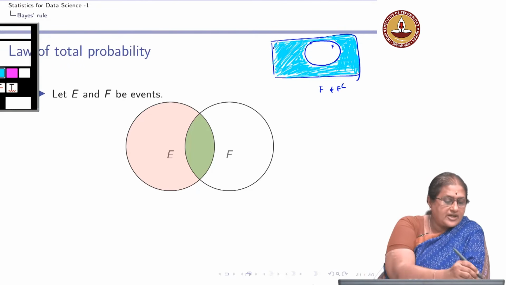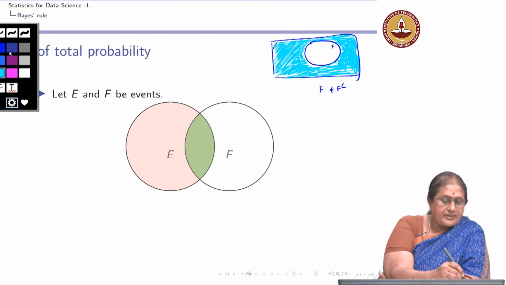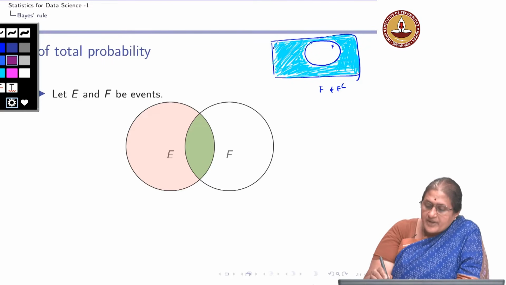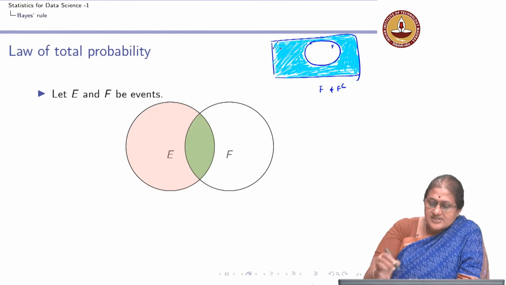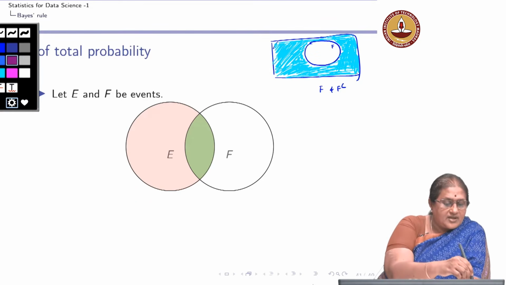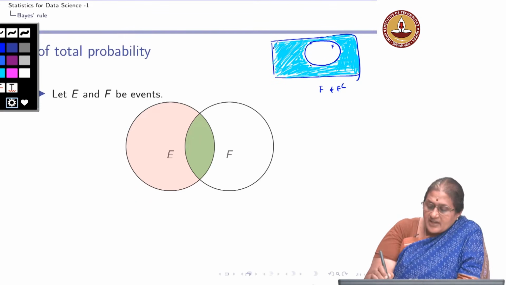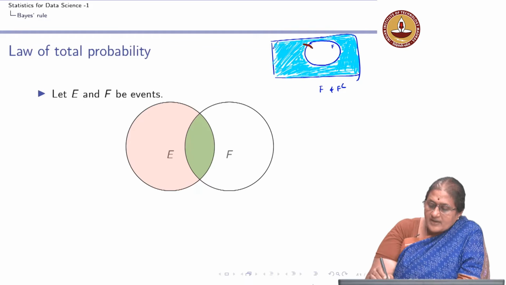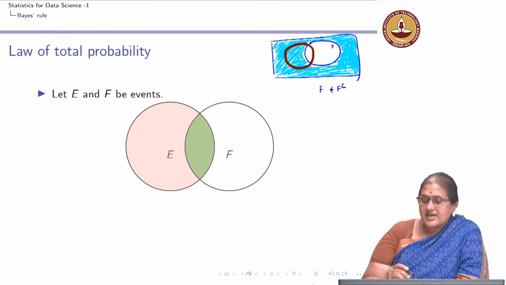Now, let me look at an event E that is happening here. So, you can see the event E that is happening.